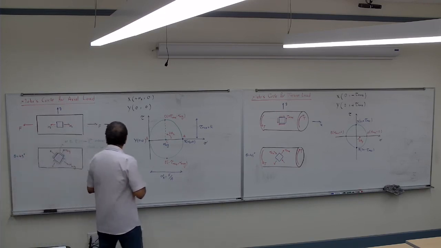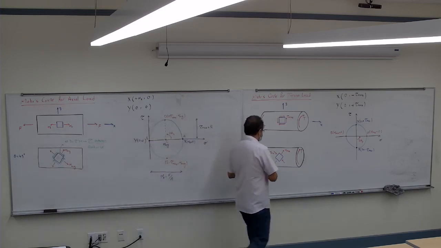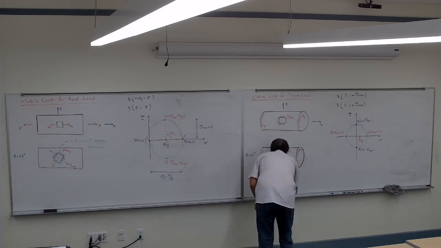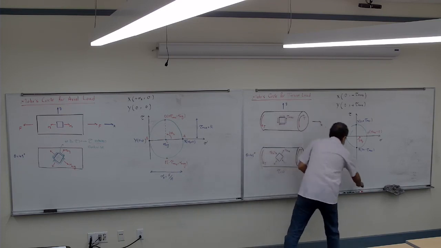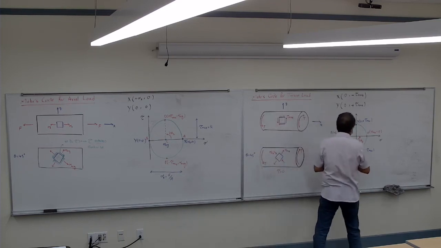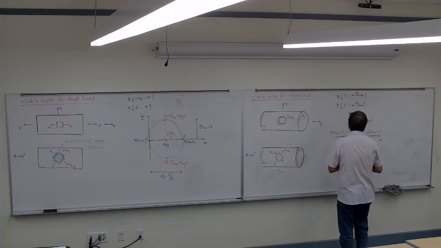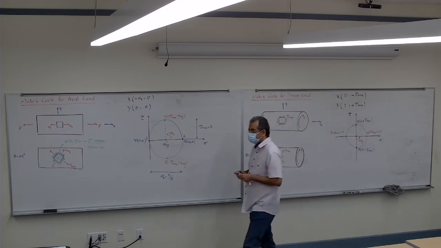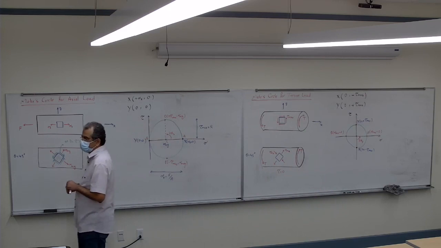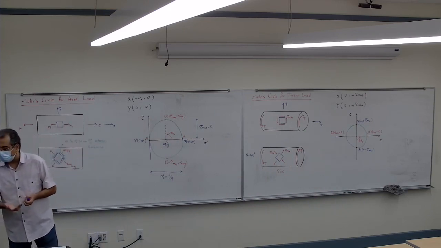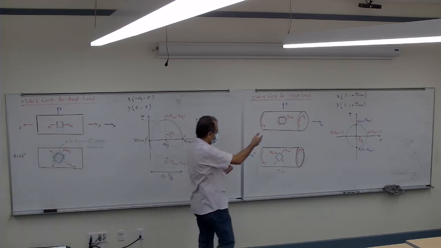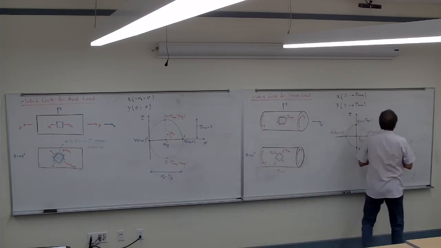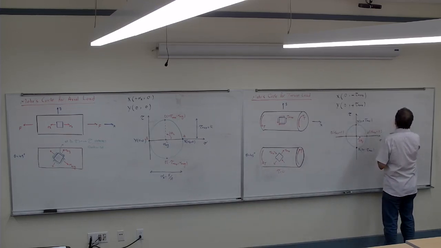So here, in this case, the tau is 0. So again here, how much is the sigma average? It's going to be 0. For this case, sigma average is 0.